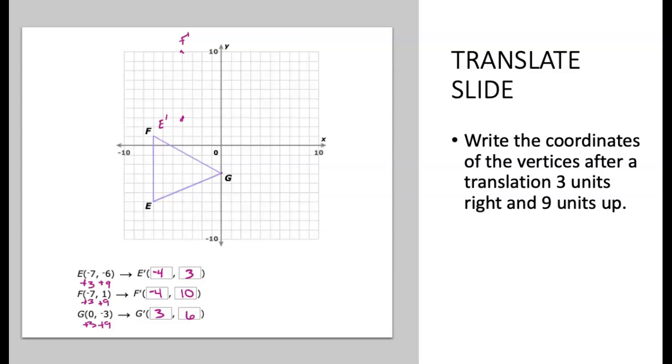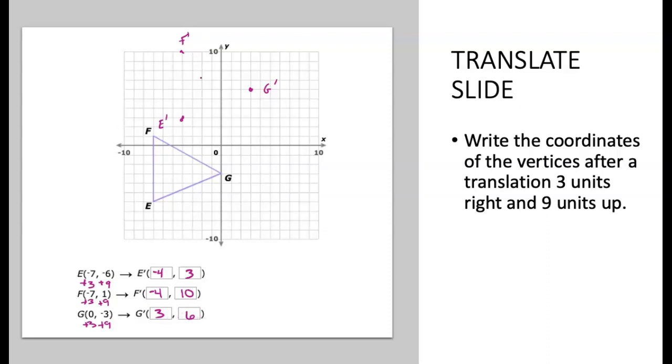Well, G started here, and then we moved to the right 3, 1, 2, 3, and then we went up 9, 1, 2, 3, 4, 5, 6, 7, 8, 9, and this is my new G. Well, I can look, where is this at? That's at 3, that's what we had for our X, and I go up and I count 6, that's right, so 3, 6.